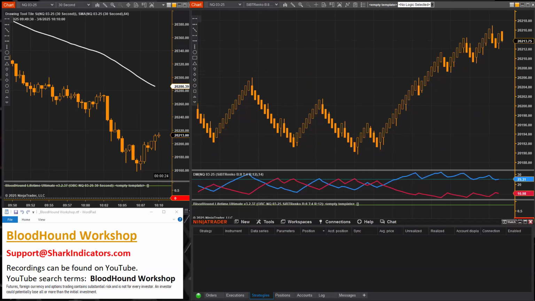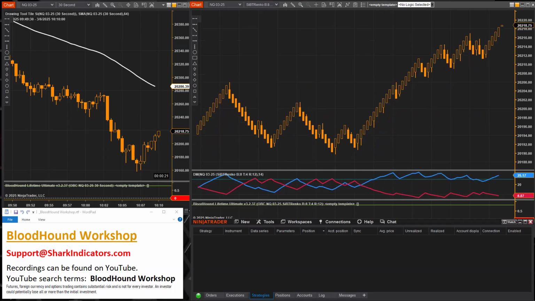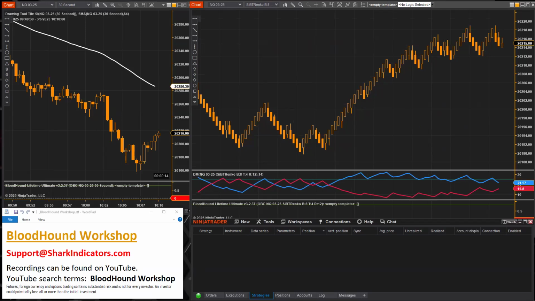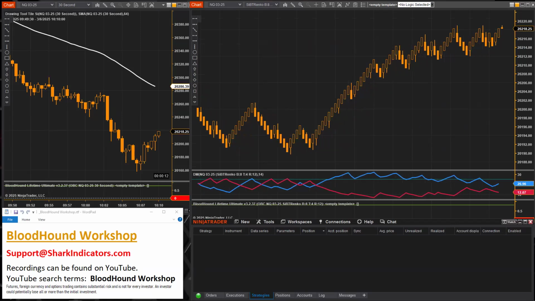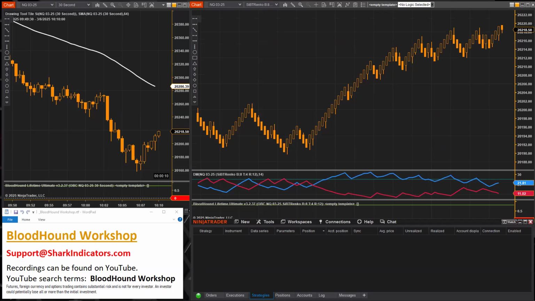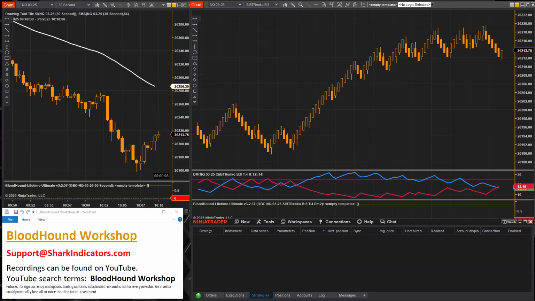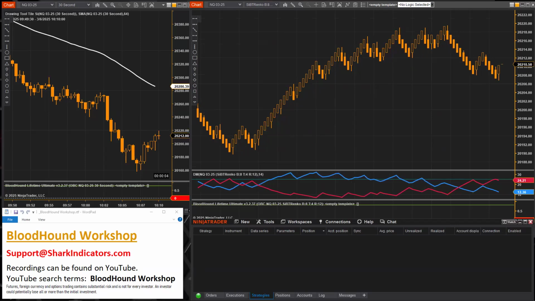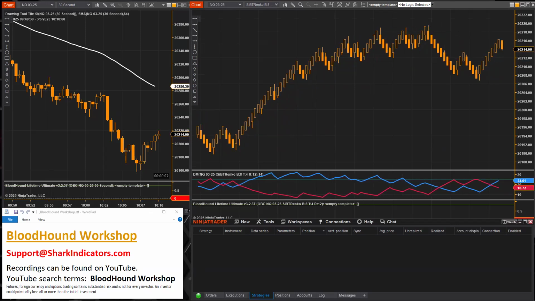And Adam is saying, can we run Bloodhound in Linux? So same answer there, Adam. If you can get NinjaTrader to run in Linux, then you should be able to get our software to run in Linux too. But I do know NinjaTrader does not make a Linux version.